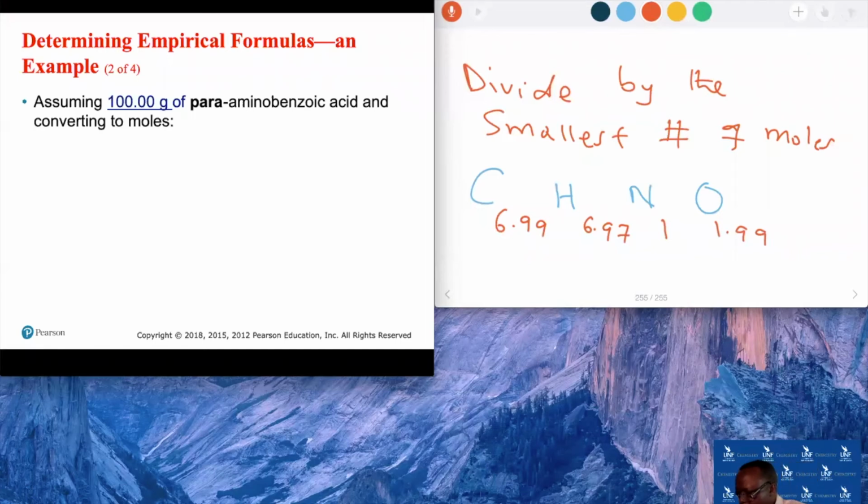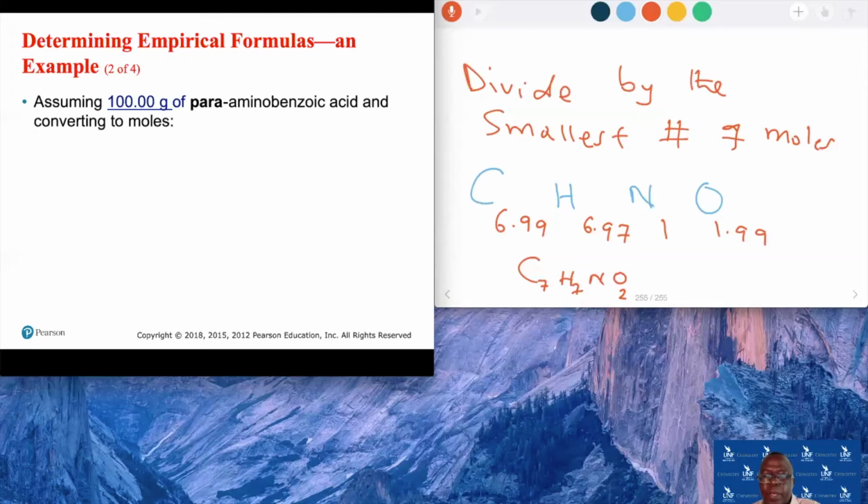This is approximately 6 to 2. Just round off to make it a whole number.